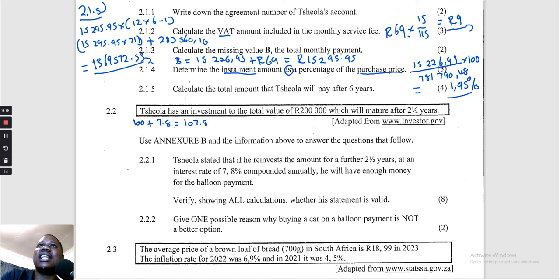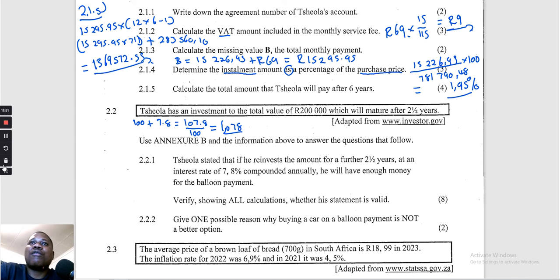Let's write it in fraction form, which is divide by 100. So 107.8 divided by 100 gives us 1.078.